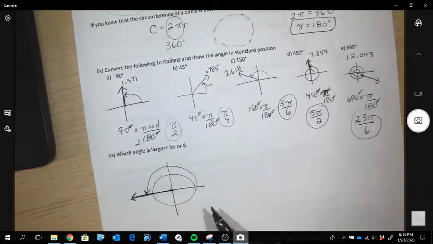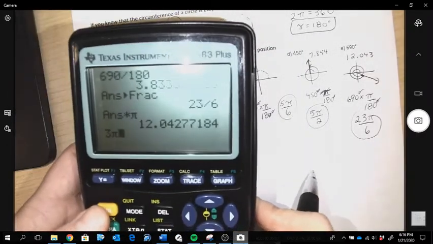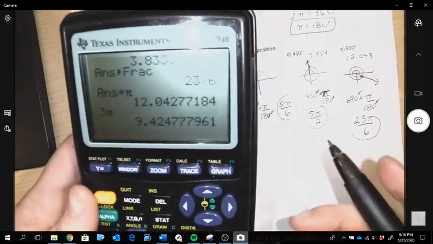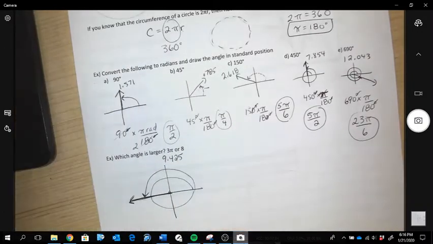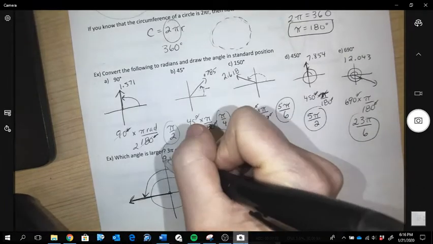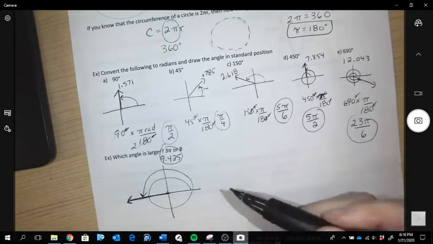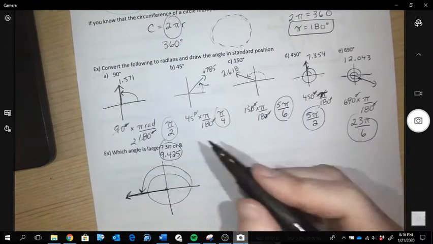And then, so if I want to also compare, 3 pi is 9.425. Okay, obviously that is larger than 8.